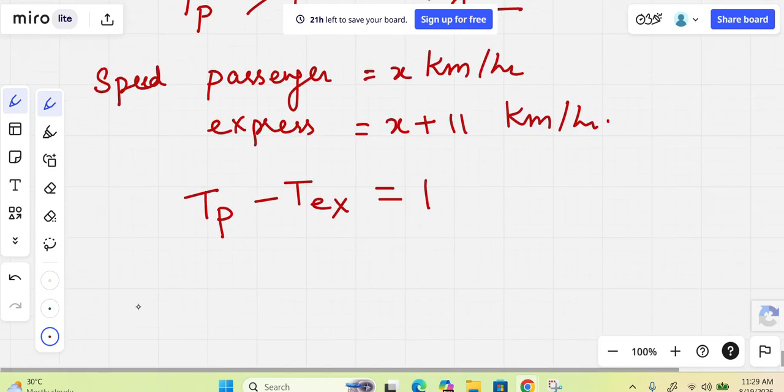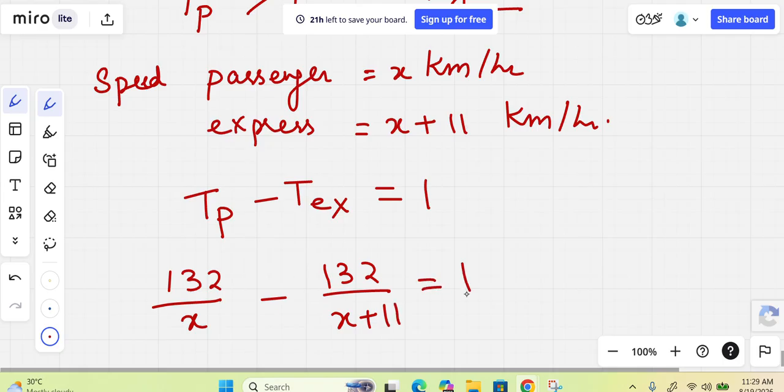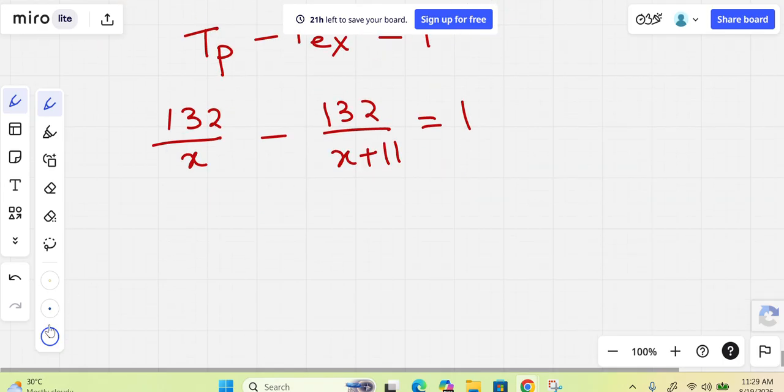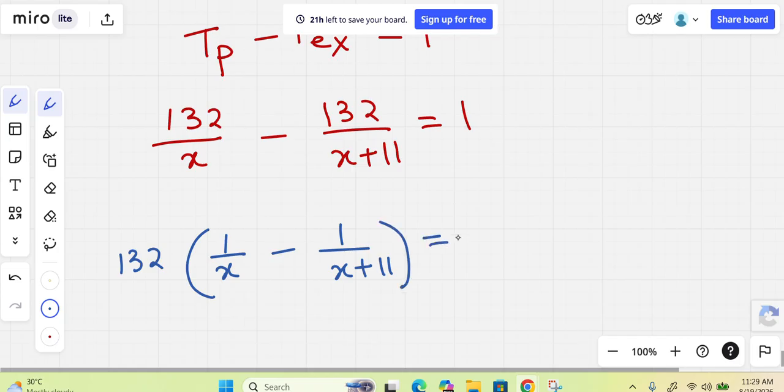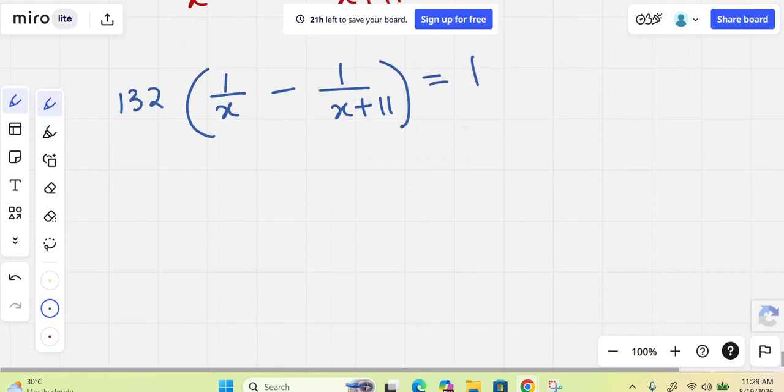So time is calculated as distance by speed: 132 by x minus 132 by x plus 11 equal to 1. Now I will take 132 common. Now it will be 1 by x minus 1 by x plus 11 equal to 1.